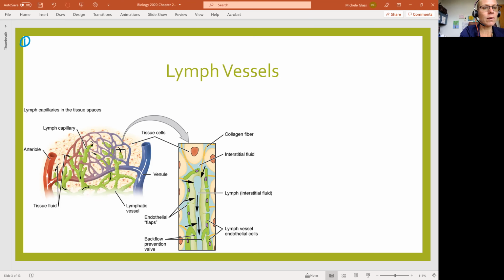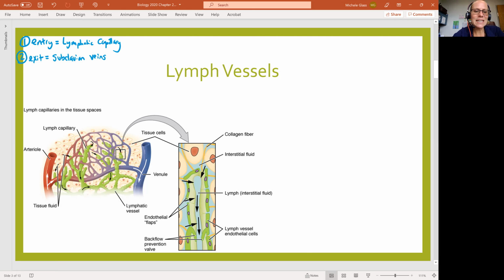The entry is the lymphatic capillary. And the exit is going to be the left and right subclavian veins, right into the bloodstream, correct?